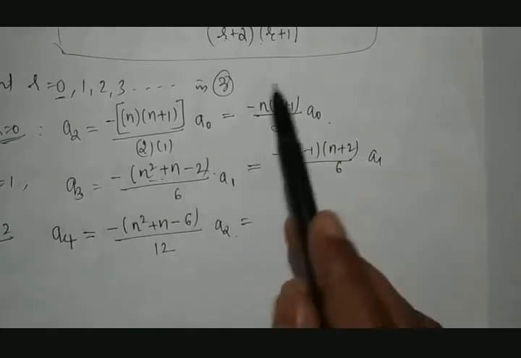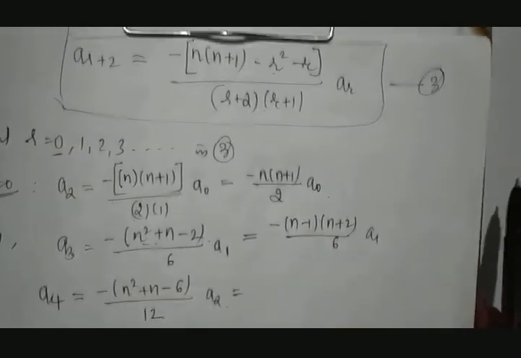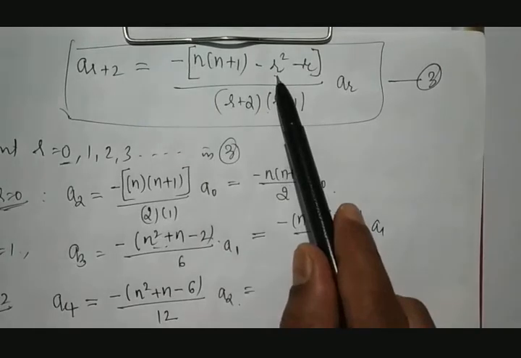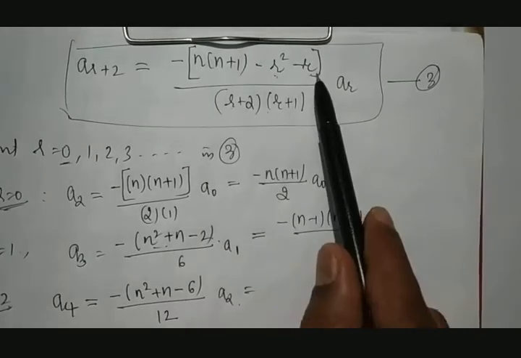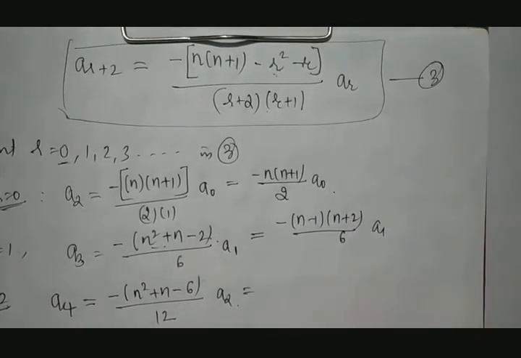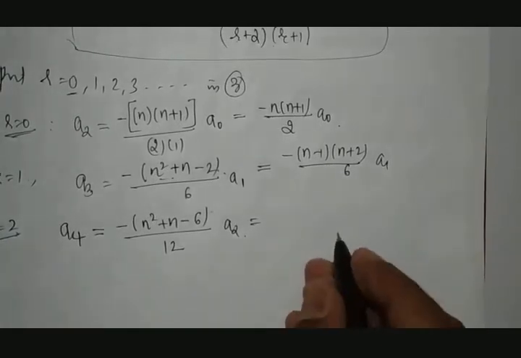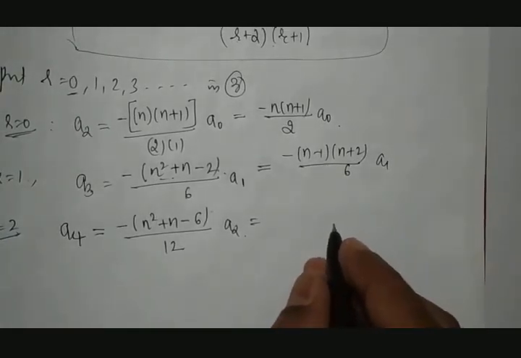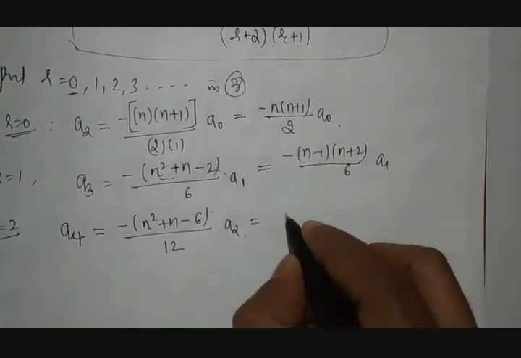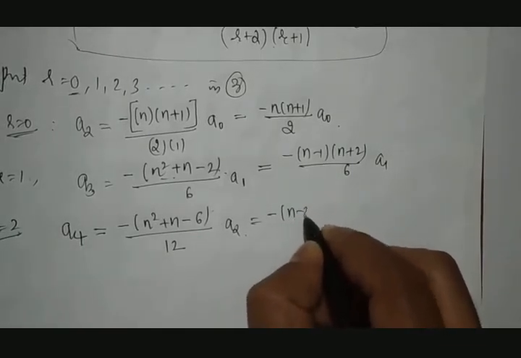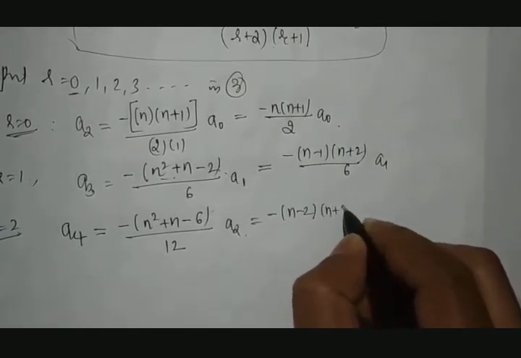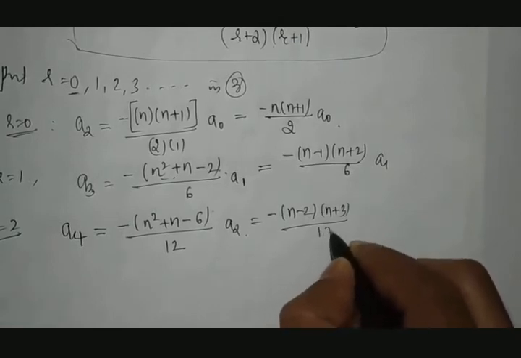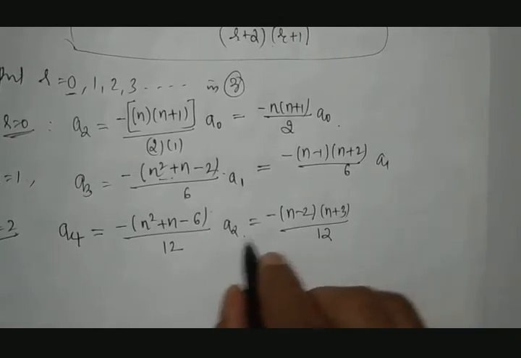You can see, put r equal to 2 here in this equation, then it becomes 2 square 4 minus 4 minus 2 minus 6. Fine. Yes, 6. Therefore minus n minus 2 into n plus 3 divided by 12 into A2.